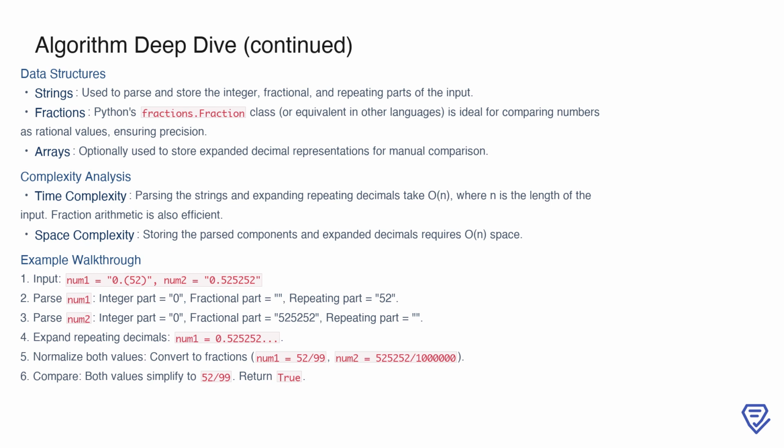We then expand 0.(52) to 0.525252, and normalize both numbers as fractions. 0.(52) becomes 52/99, and 0.525252 becomes 525252/1000000. After simplifying, both values are equal to 52/99, so we return true. This example demonstrates how the algorithm handles different representations and ensures accuracy through normalization and precise comparison.